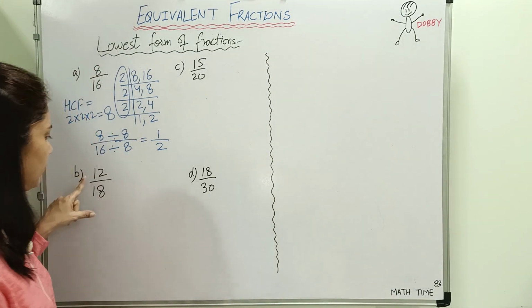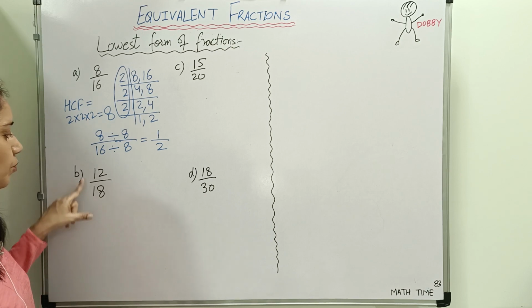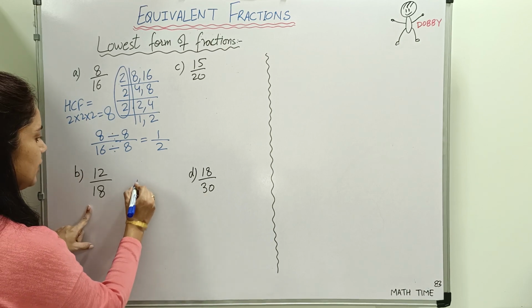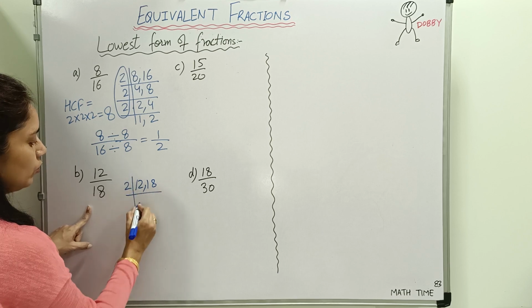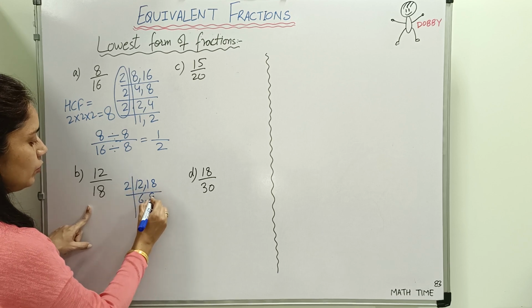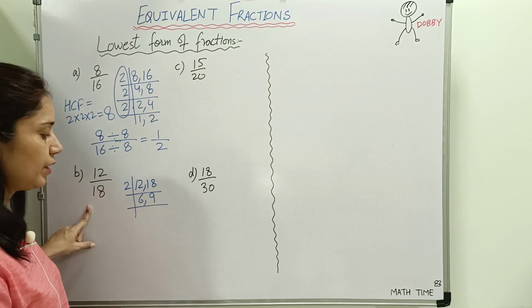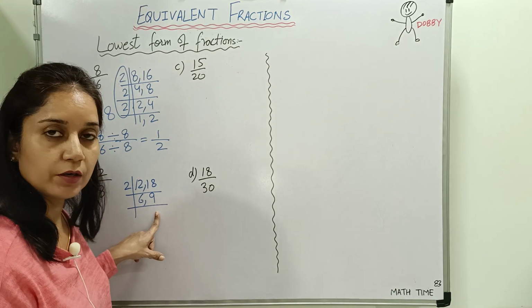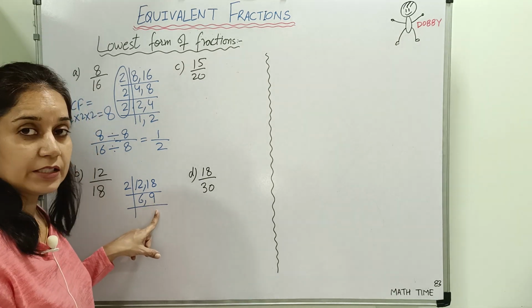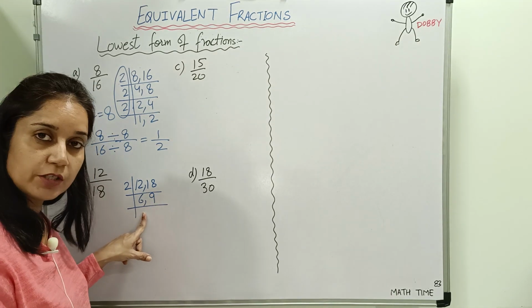Going to the next sum: 12 upon 18. Let us take the HCF of 12 and 18. Even numbers divisible by 2: 2 6s are 12, 2 9s are 18. Common table: 6 is an even number divisible by 2, but 9 is not. But 9 is divisible by 3. So is 6 also divisible by 3?